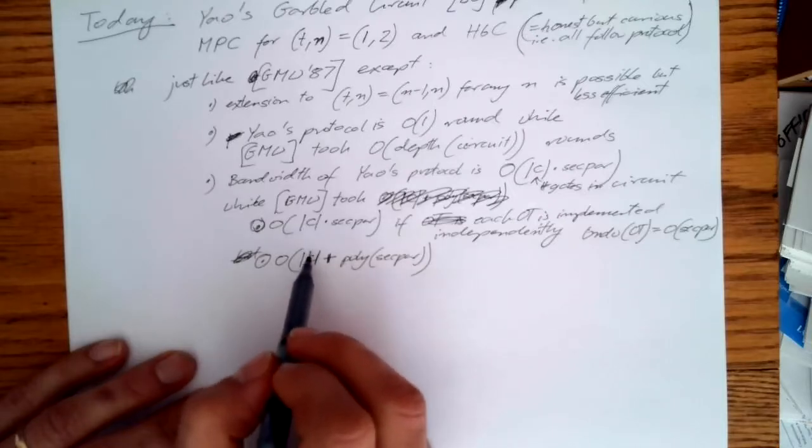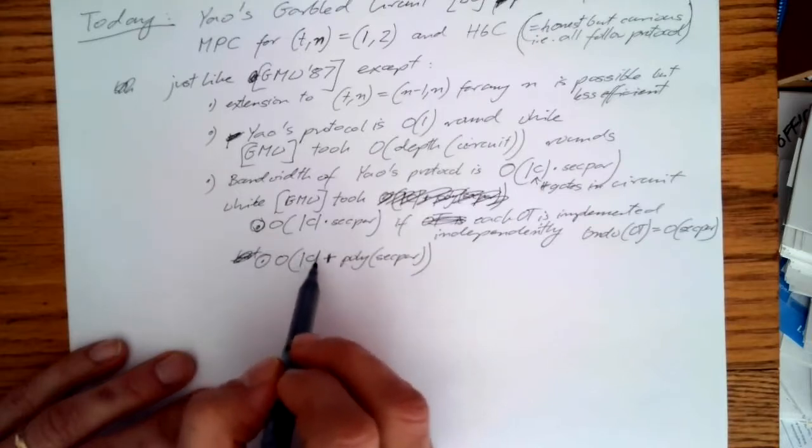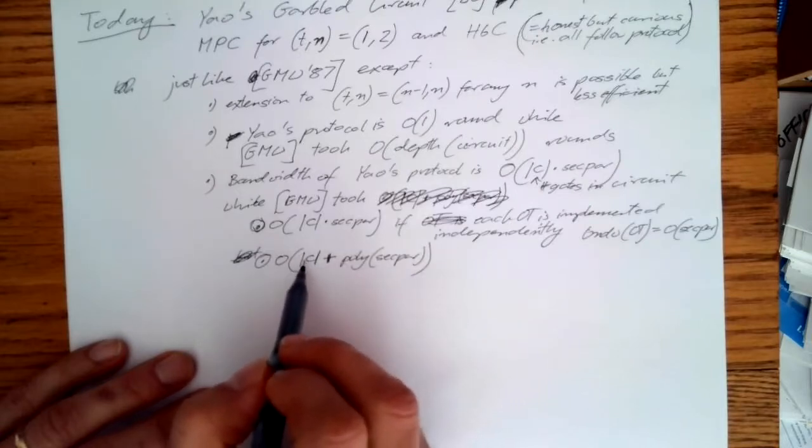Now, how big is this constant here? It could be like 3 bits per gate. I think that's the best result.